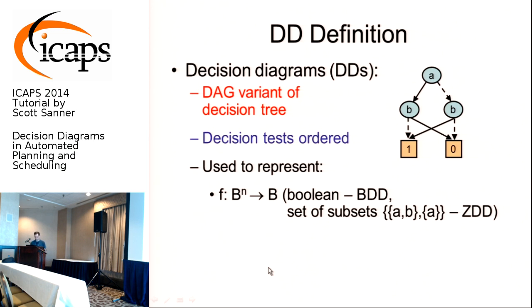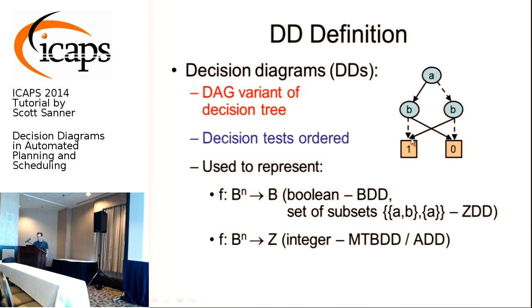That handles Boolean functions, and also if you view it in a certain way, where 1 means in the set and 0 means not in the set, you can view a decision diagram as encoding a set of subsets. And if you did that, there's actually a variant structure I'll get to at the end called the ZDD, which is quite useful for that encoding. If you just do encodings like this directly, it's called a binary decision diagram.